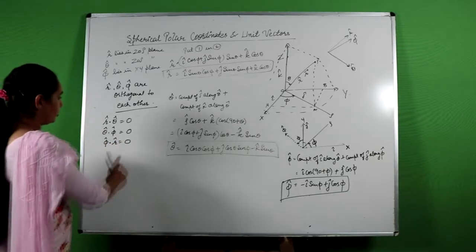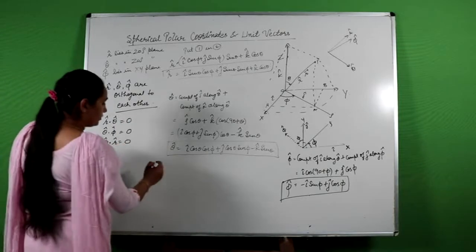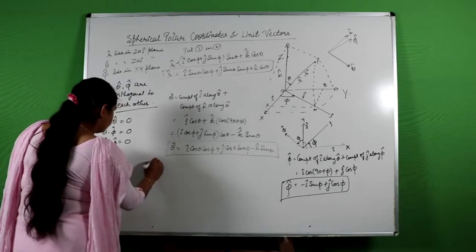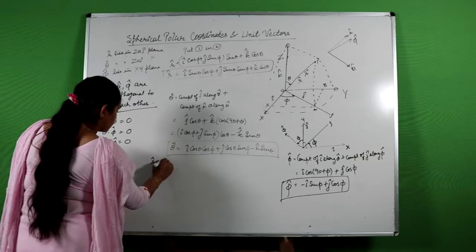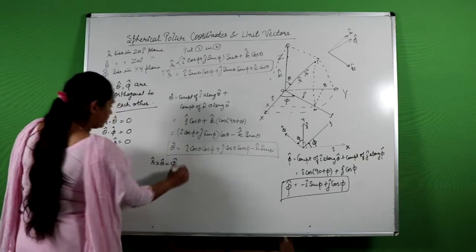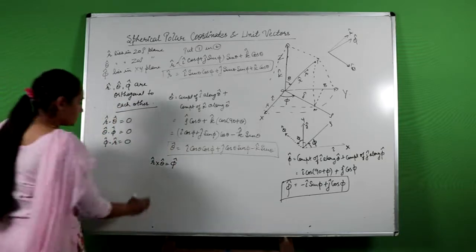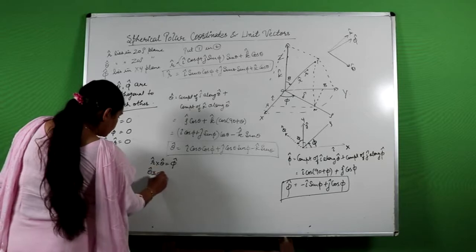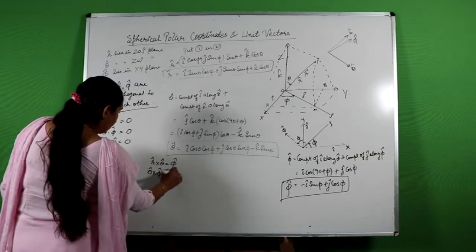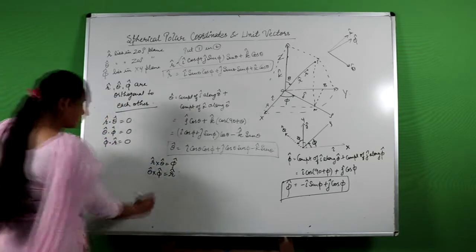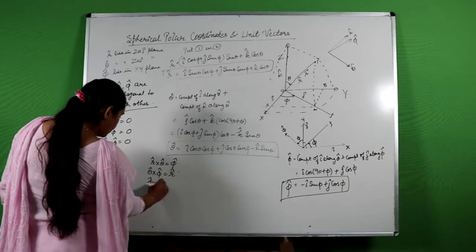Or if I want to prove it with the help of the cross product, then r cross theta equals phi, theta cross phi is equal to r, and phi cross r is theta.